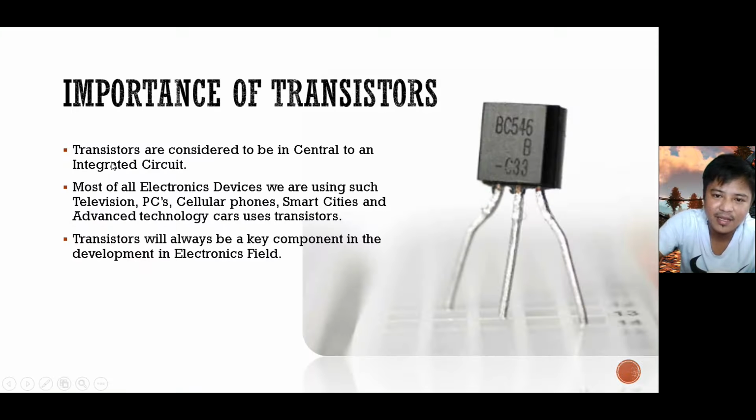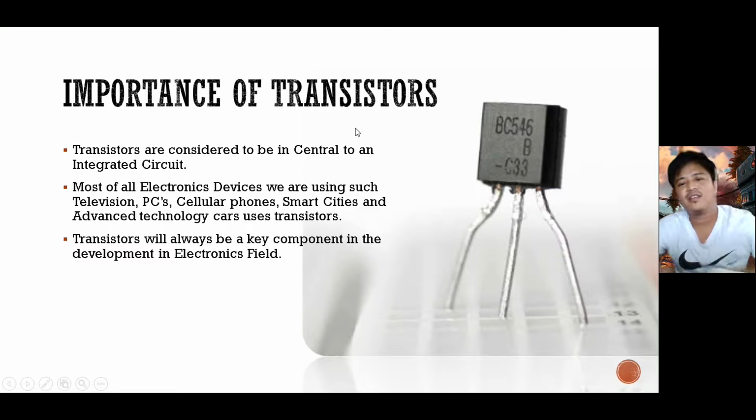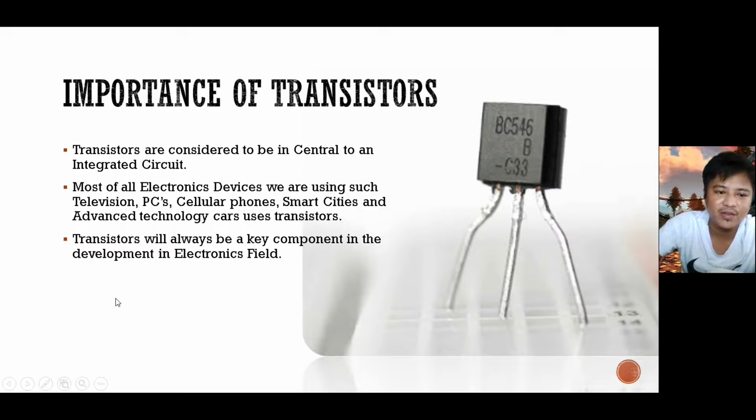So let us go with the importance. Transistors are considered essential to an integrated circuit, as we all know. Most of all the electronic devices we are using, such as televisions, PCs, cellular phones, smart cities, and advanced technology cars, use transistors. So basically, transistors are everywhere in your electronic devices.